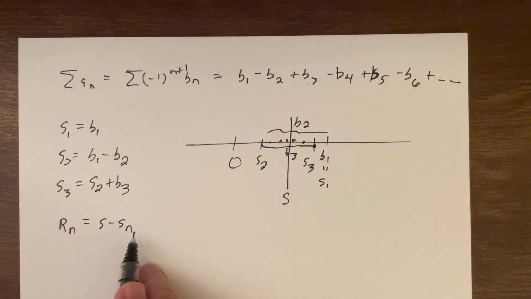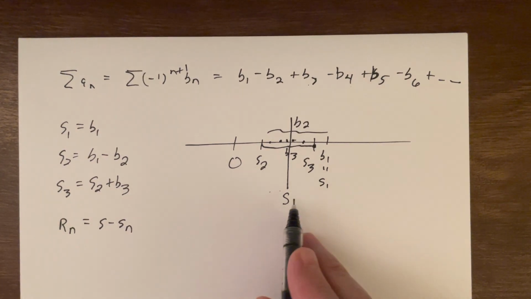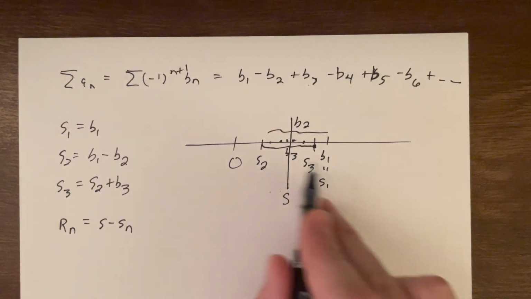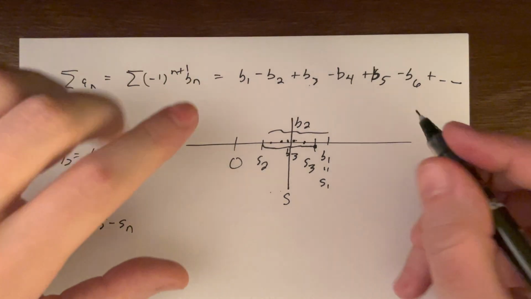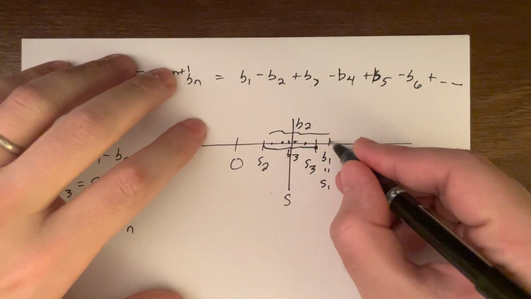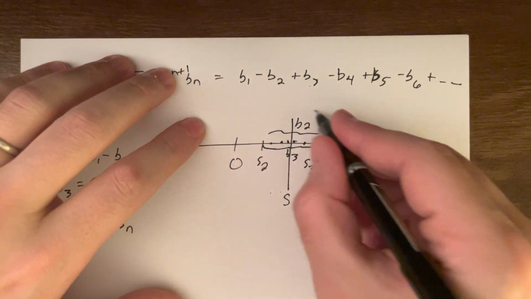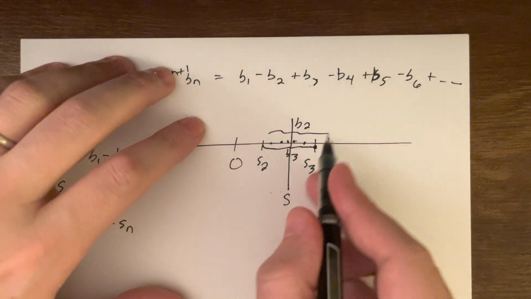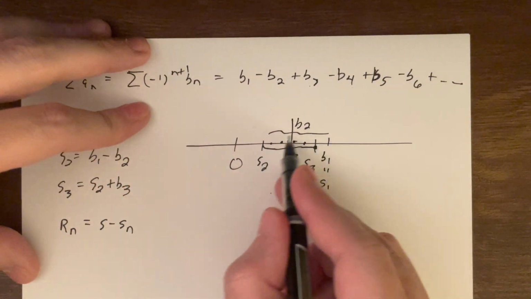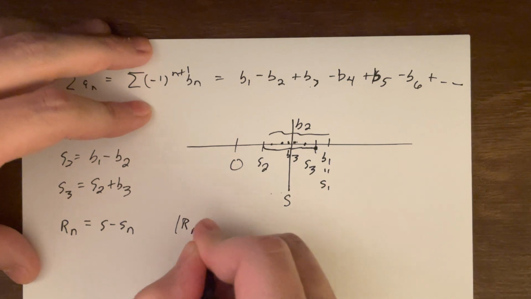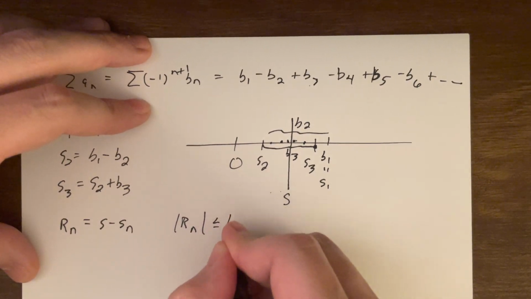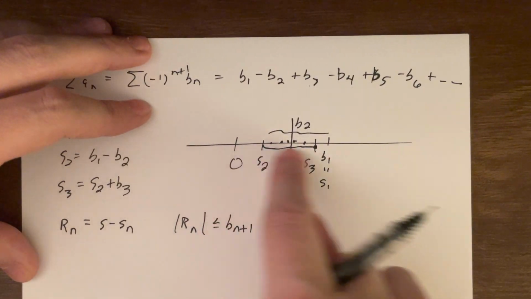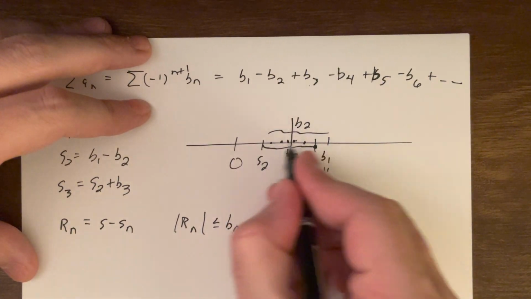In this case, if S is here, the distance from whatever S term you're up to, whatever point in the sequence, so let's look at this, S1 to S, this distance is smaller than this distance. The distance from S2 to S is smaller than this distance, which is B3. The absolute value of Rn is always smaller than or equal to just the next term in B. Because again, that bouncing, how far you bounce, well, the final sum is somewhere in there.